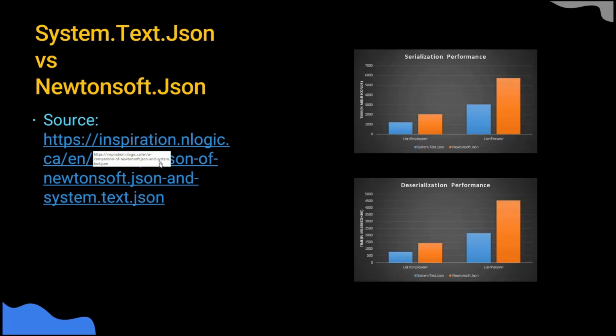And so this particular link here is where I got these slides. This was actually looking at the improvements that are seen in standard ASP.NET Core applications. But you can see that there are dramatic improvements in both the serialization and the deserialization of data using the new library as opposed to the Newtonsoft library.